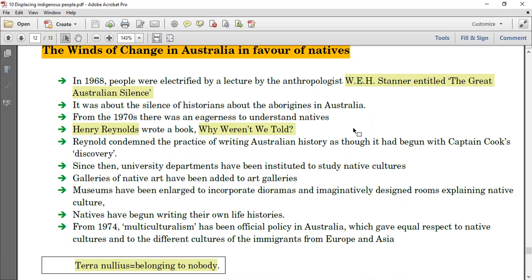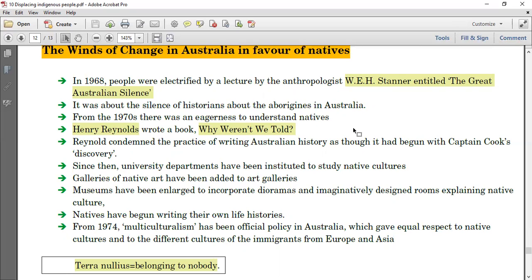From 1970, there was an eagerness to understand natives. Henry Reynolds wrote a book, Why Weren't We Told? And he condemned the practice of writing Australian history as though it had begun with Captain Cook's discovery.